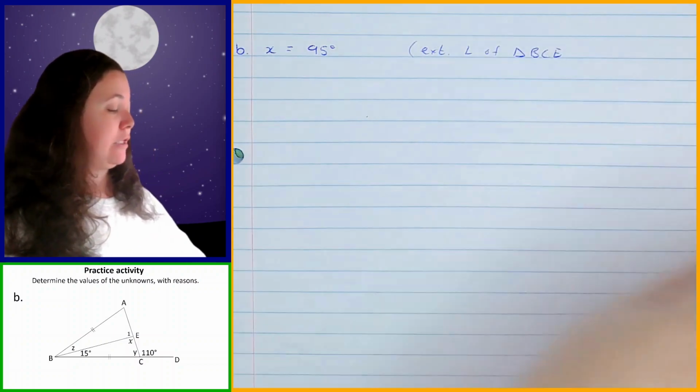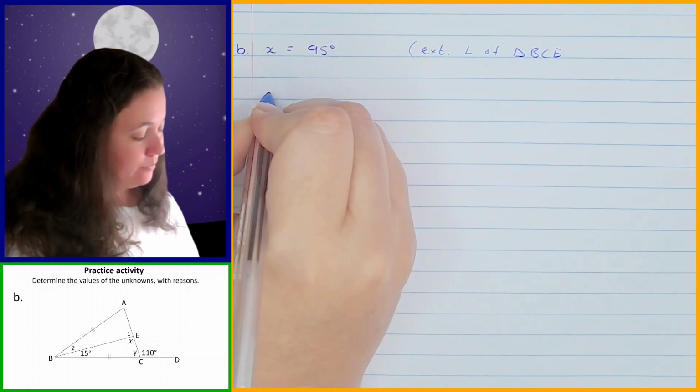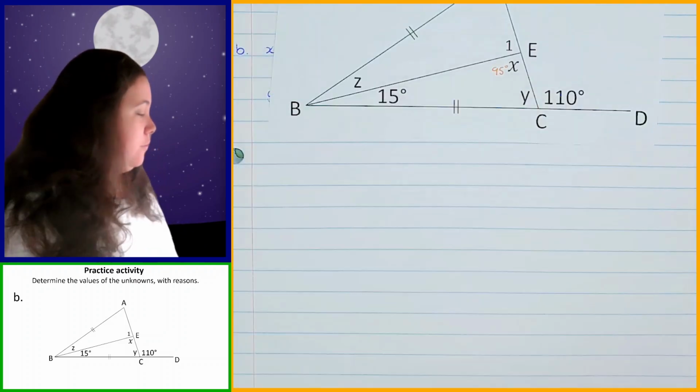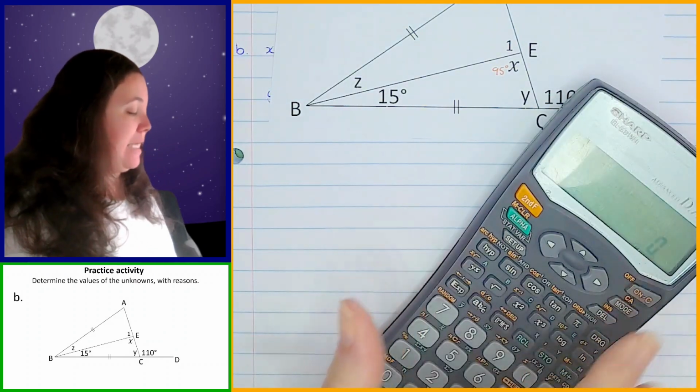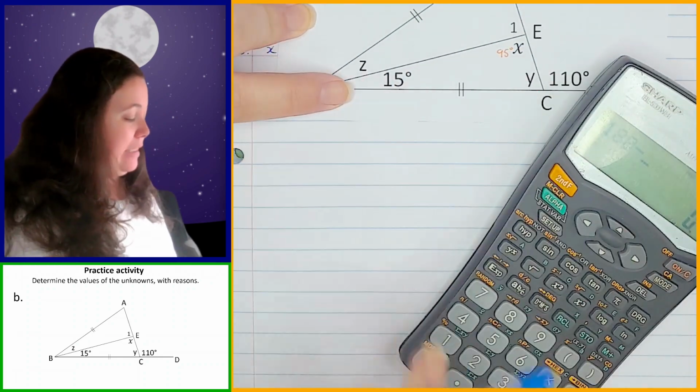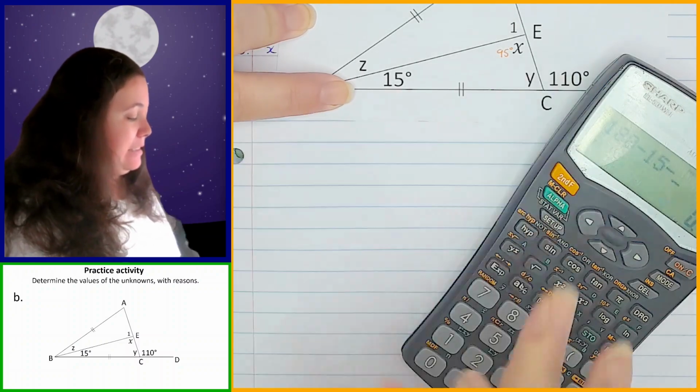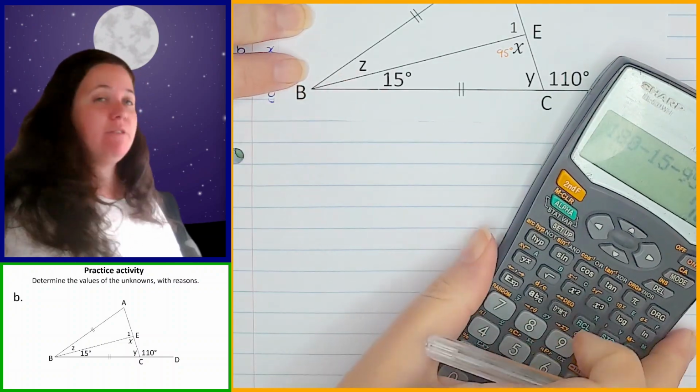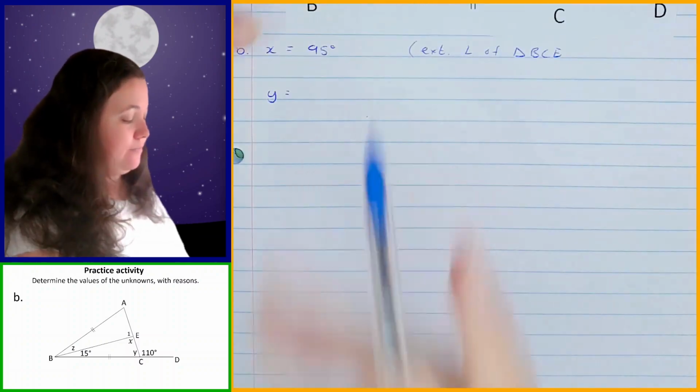Okay, so what I'm going to say is y is equal to, remember the interior angles of the triangle must add up to 180, so it's 180 minus 15 and 95, and that gives me 70 degrees.